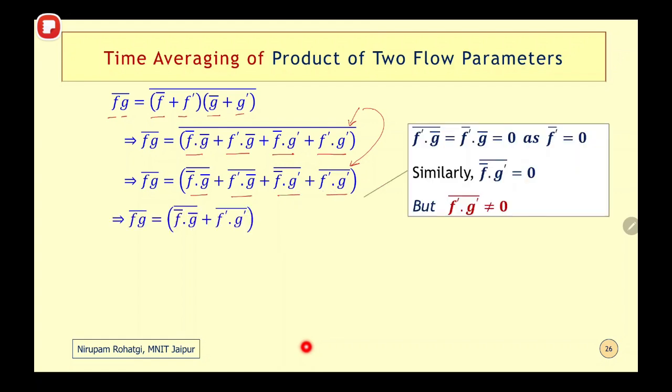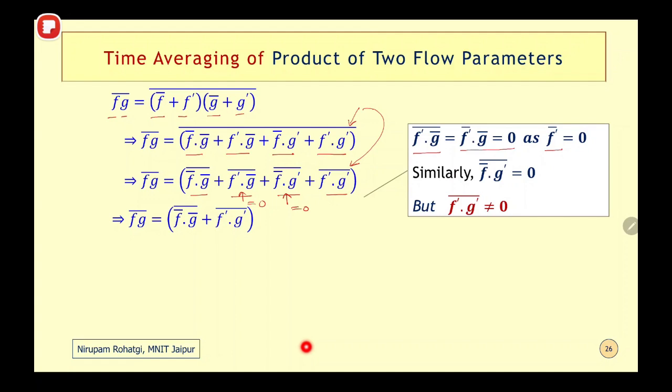Now what will happen? These two terms are equal to 0. Why? Because if you look at this term, you are doing average of f prime times g bar. Now g bar is constant, so you can take it out and do averaging of only f prime, but averaging of f prime is equal to 0, so this becomes 0.